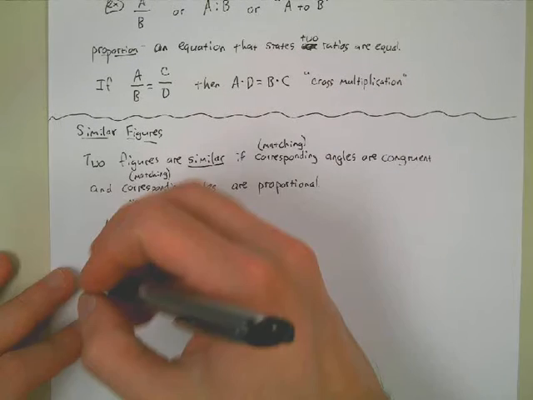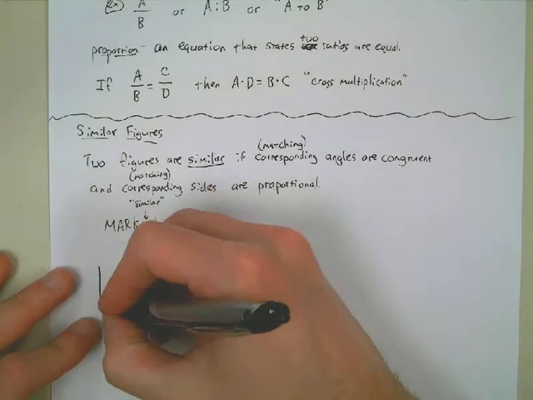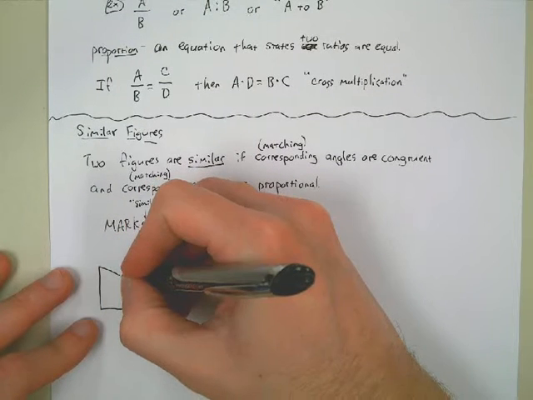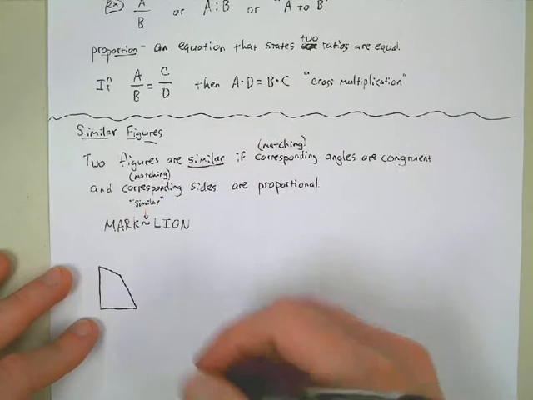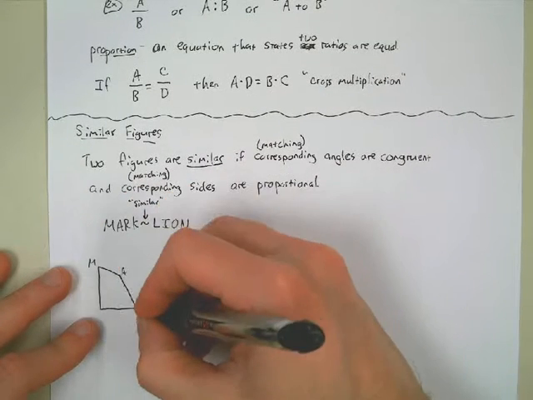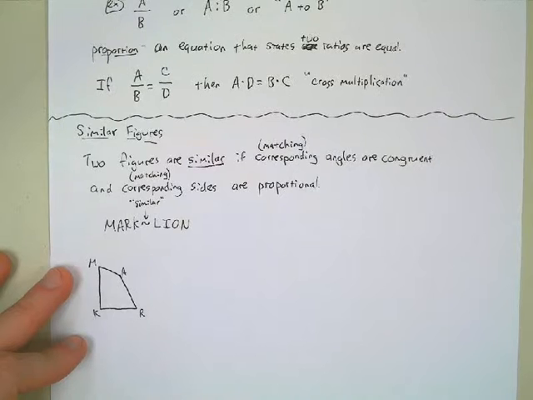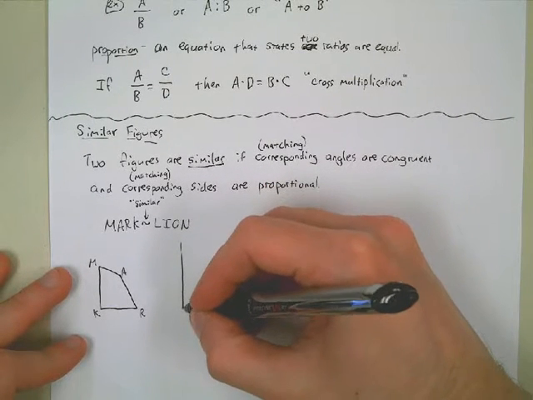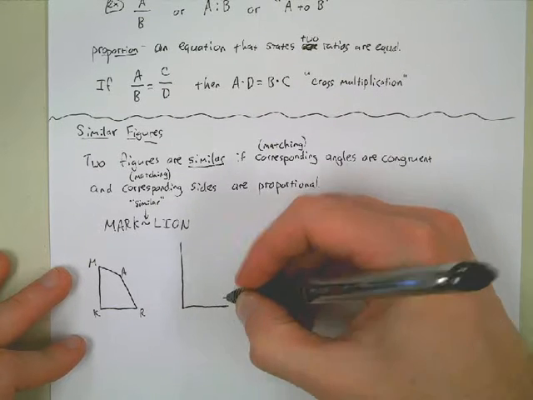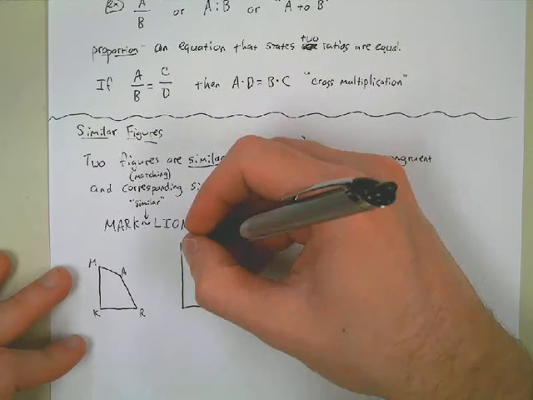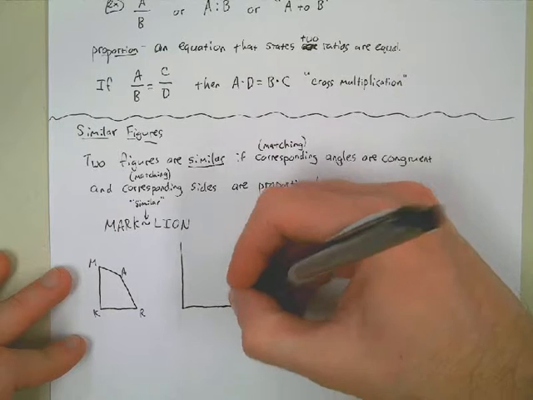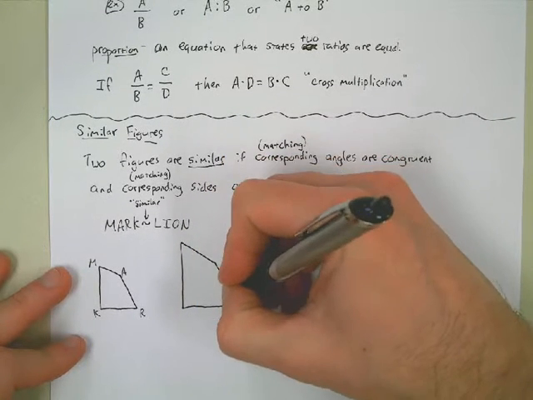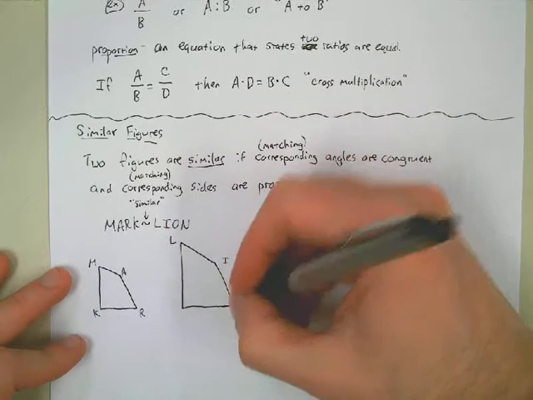And so I'm going to try and draw. Okay, so we'll call this one M-A-R-K. And then I'll draw a bigger one. And we'll call that L-I-O-N.